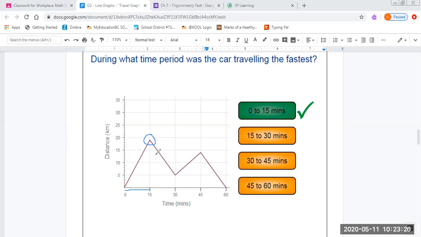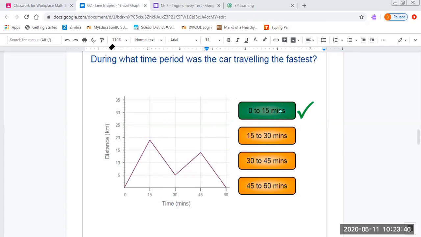So this is when the car traveled the fastest. In this range from 0 to 15 minutes, the car was traveling its fastest, and that's why this would be the correct answer.